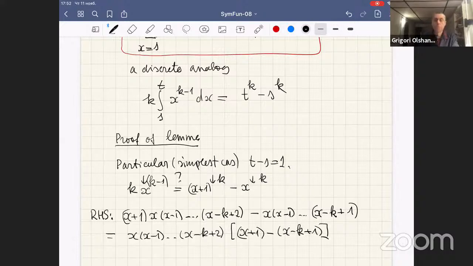Okay. And this is equal to x to k minus 1, and this is equal to k. Okay. So I proved this formula.